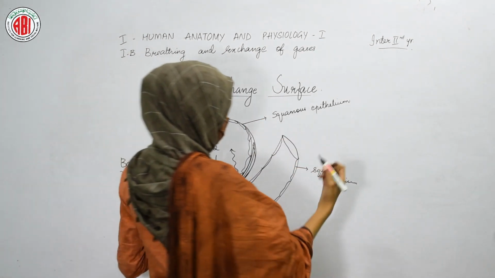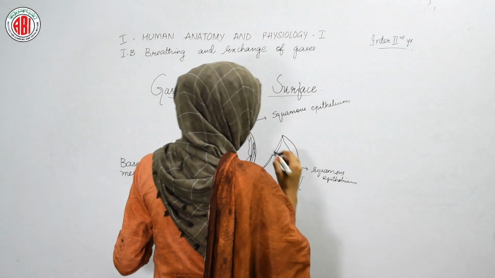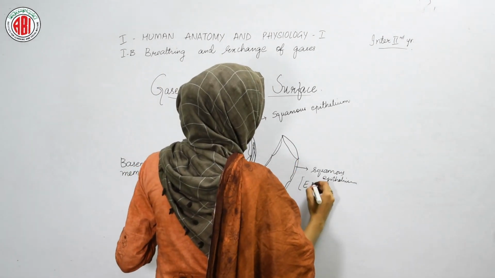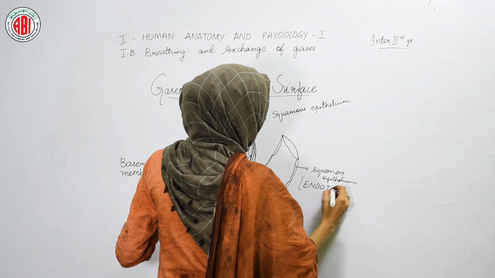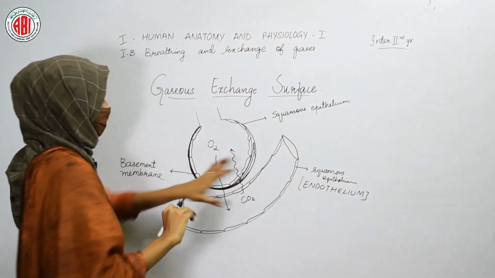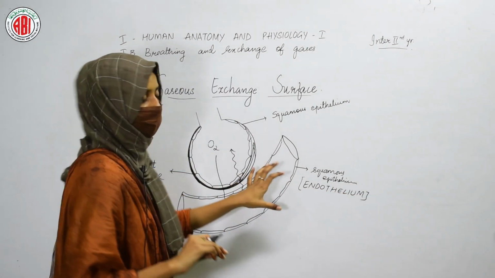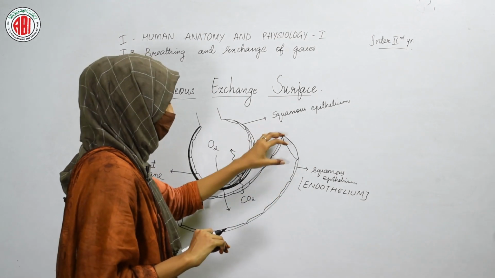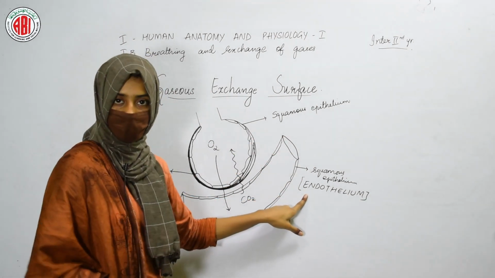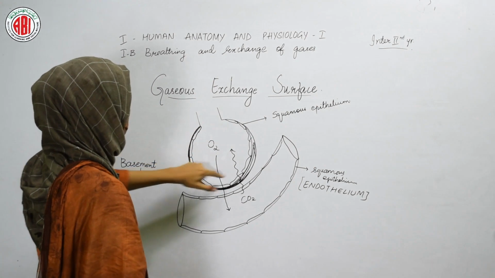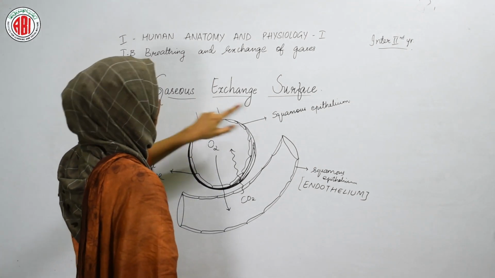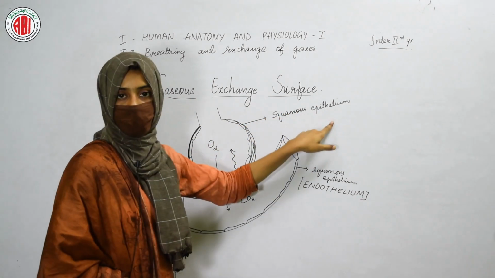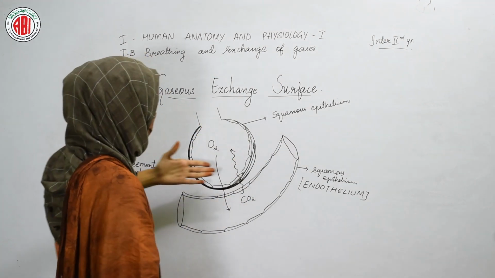Which word do we use to name the squamous epithelial cells of the blood capillaries? We call these cells endothelium. The cells which are present at the walls of blood capillaries, they are thin, they are called endothelium, and the cells which are present at the wall of the alveolus are named squamous epithelium or squamous epithelial cells.